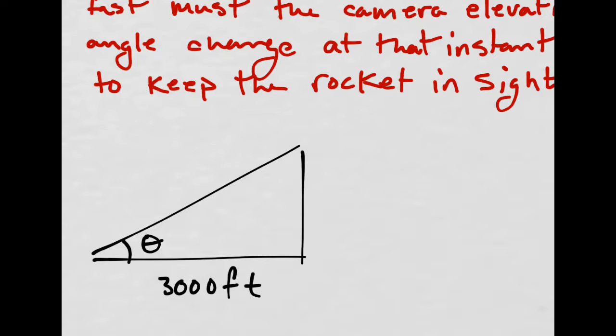That changes, so I name it theta. This distance changes, so I need a variable. Maybe y would work well because it's like the y axis. All right, and then the hypotenuse, that's going to be changing as well. So maybe I'll label that h. I don't know if I need all of that, but we'll see.